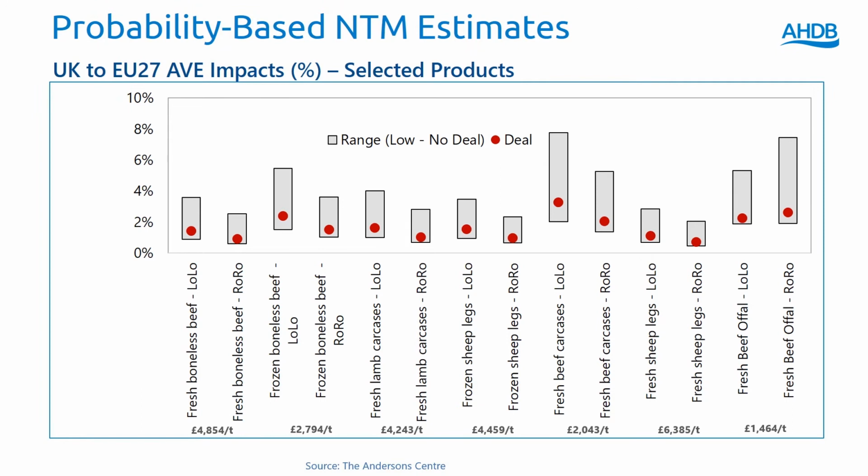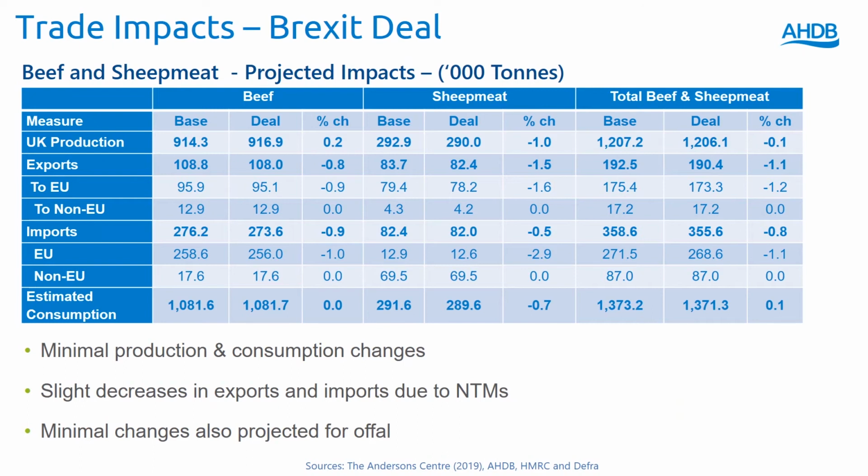So bringing all of this together then, what does it mean for beef and sheep meat sector overall? And coming up on your screens here now, we've got the projected impacts focusing on volumes under a Brexit deal context. And you can see overall we've got it segmented out for both beef and sheep meat and then combined both sectors as a whole.